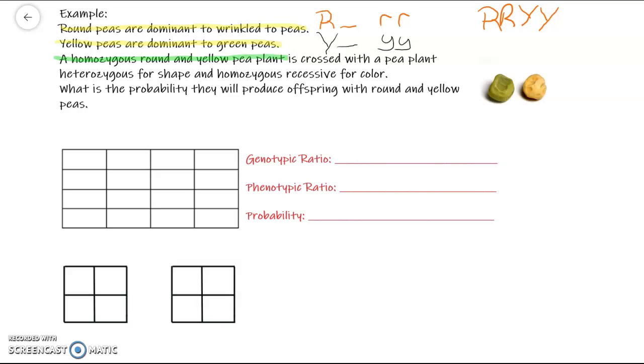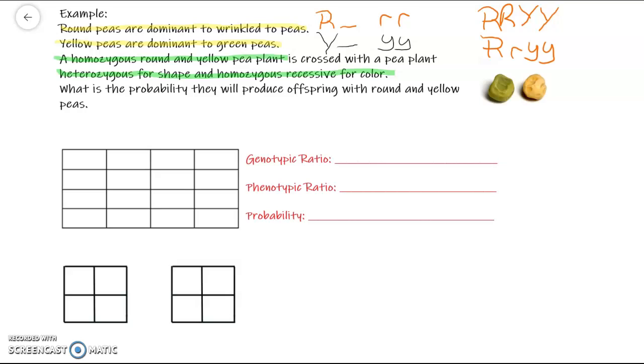The second parent that is crossed with is heterozygous for shape and homozygous recessive for color. So if it is heterozygous for shape, that means it is round. So it's big R, lowercase r, and it's homozygous recessive for color, which means it's two lowercase y's, which means it's going to be green.